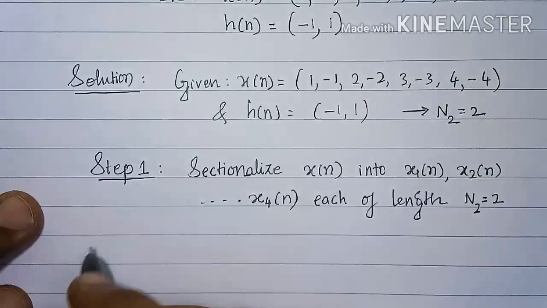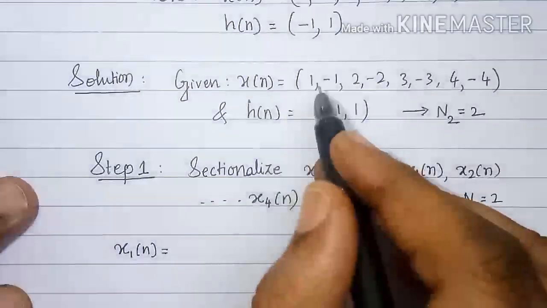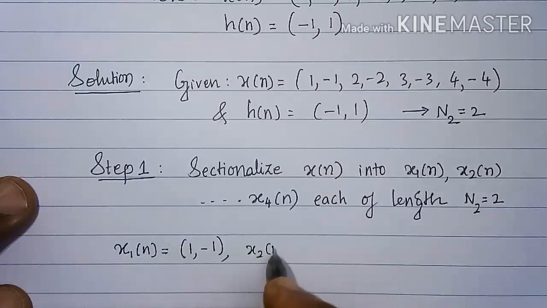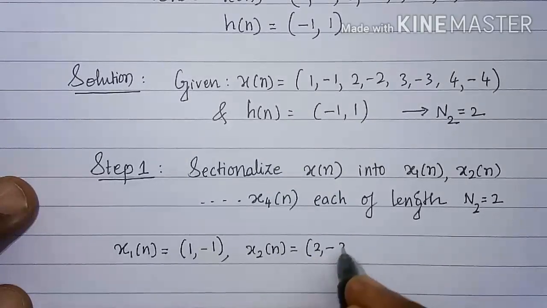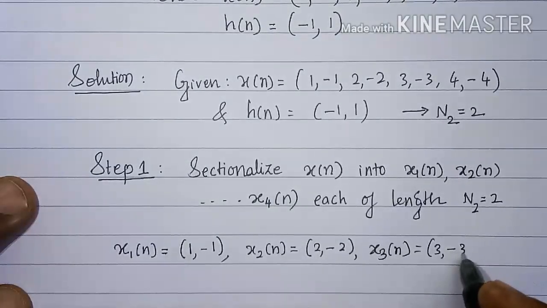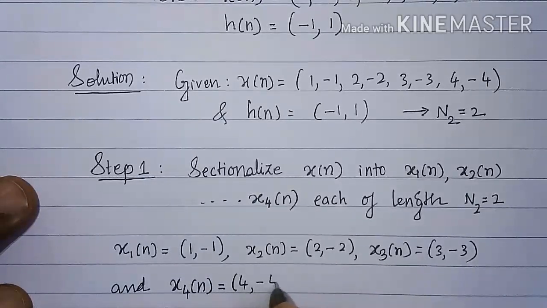So now we will write x1 of n equal to 1 comma minus 1, x2 of n equal to 2 comma minus 2, x3 of n equal to 3 comma minus 3, and x4 of n equal to 4 comma minus 4.